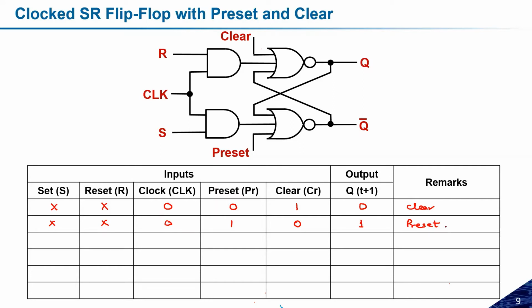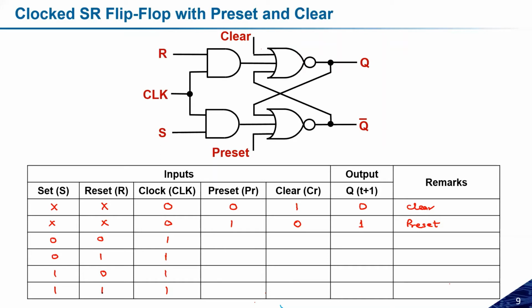Similarly, we can have other cases: if clock is equal to 1, then it depends on S and R. So we can have 4 possibilities: 0 0, 0 1, 1 0, and 1 1. Accordingly you can make it clear or preset.